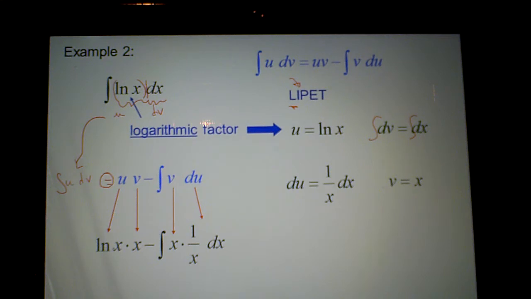Be careful down here, this is not ln of x squared, this is ln of x times x, minus the integral of x times 1 over x, which is just 1, so I'm just anti-differentiating 1 again. And I get x ln x minus the antiderivative of 1, which is x, plus my c. You can always check the work by differentiating.